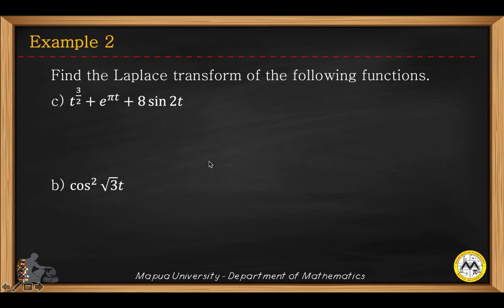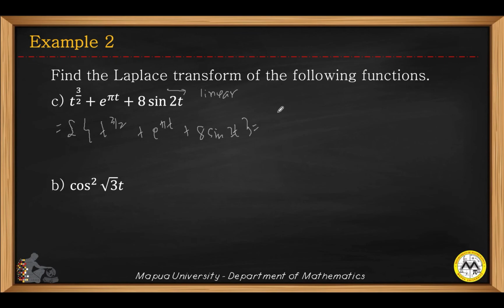Note that the Laplace transform is a linear operator. What do you mean by linear? For a linear operator, if we get the transform of the sum, just like the derivative, you can distribute the operator.